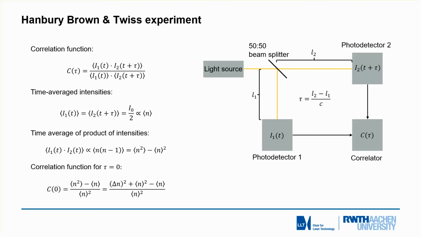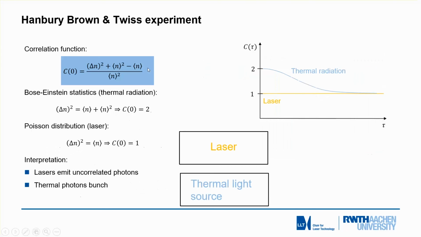This correlation function is listed here, and as a result we find, and I start with the plot of the result, if you plot here the time difference of the beam path of the 2 beams to detector 1 and detector 2, the interesting thing appears when we make this time smaller and smaller and approach the value of 0, when we really come to the point where we have no travel distance between the photons arriving at detector 1 or detector 2.